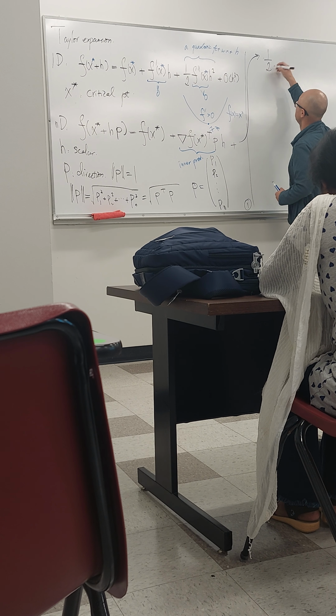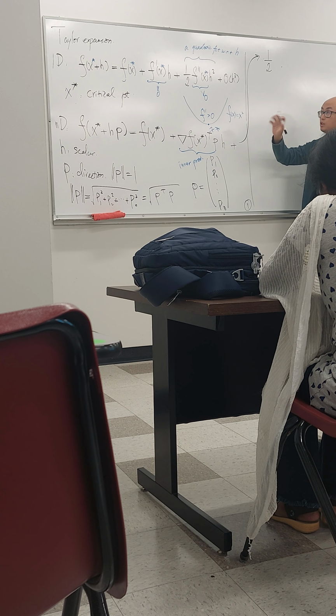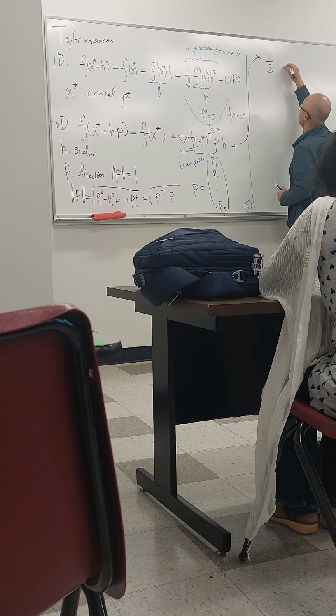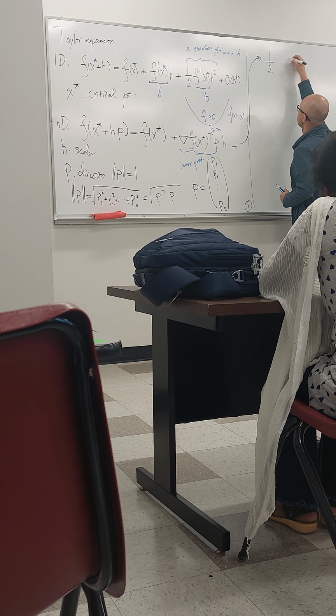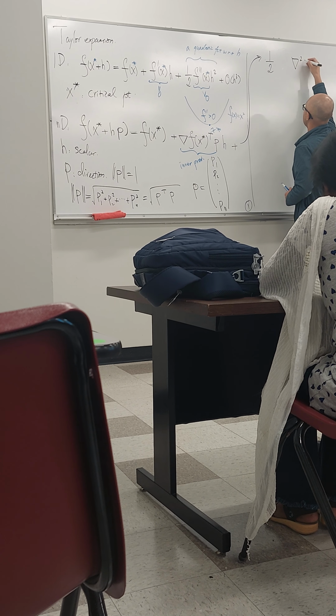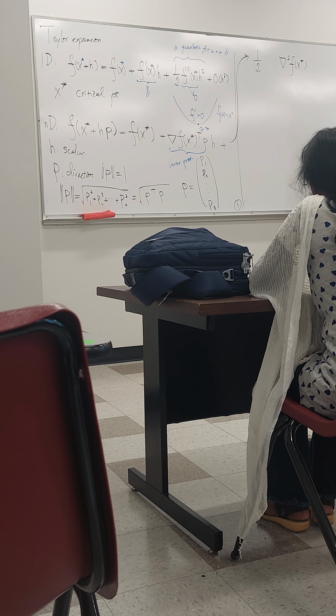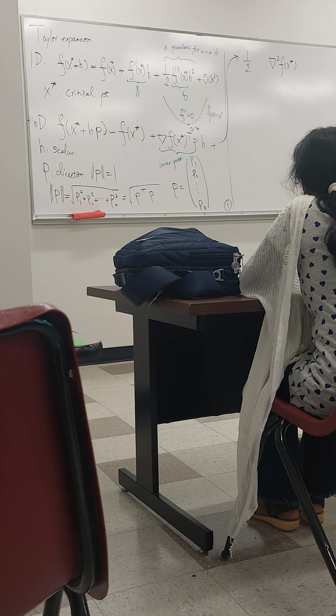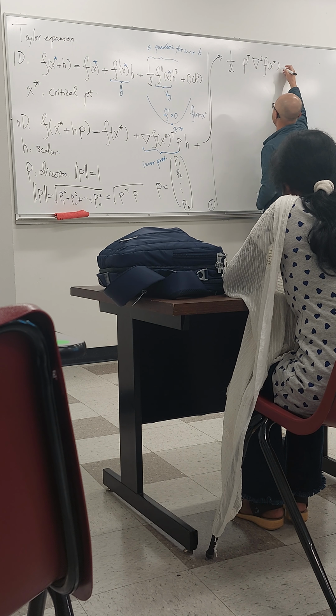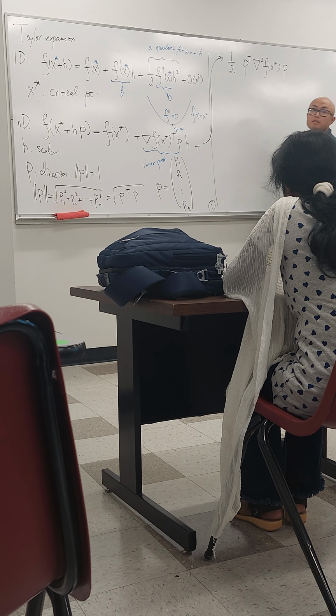The second derivative term has a factor of 1/2, and we will have h squared as well. Then we have the second derivative of f, and this is P transpose the second derivative of f times P.